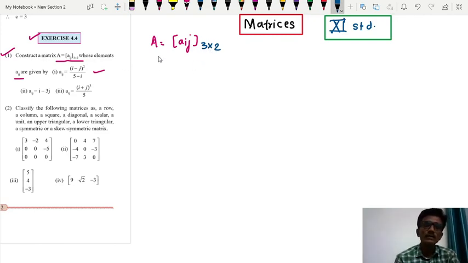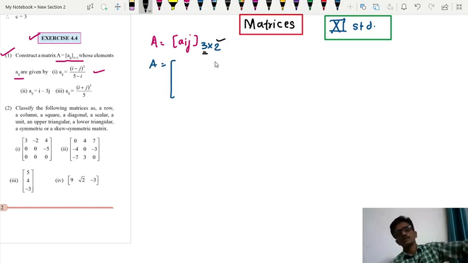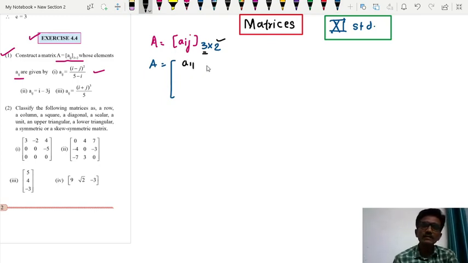So let's write the matrix in full form, that A is equal to, there are 3 rows and 2 columns. So here A11, then A12 will be the element of the second column.